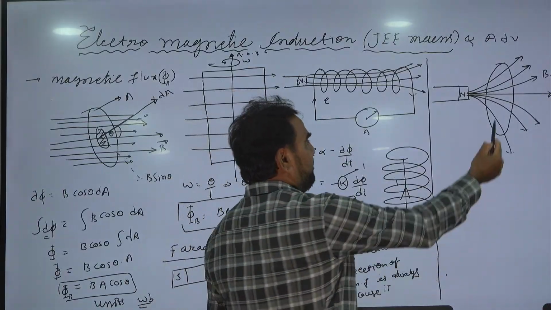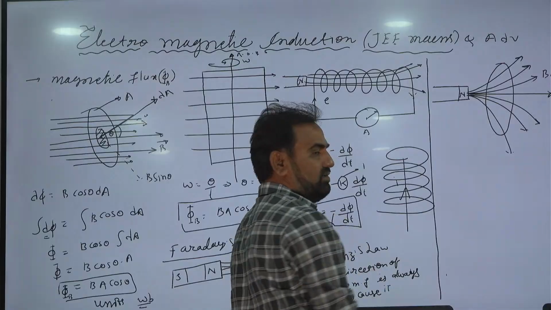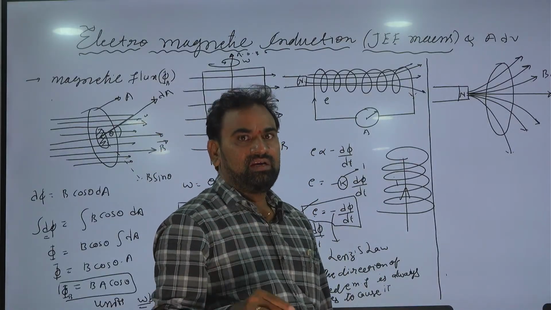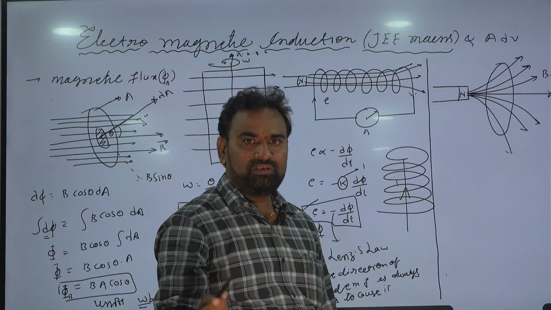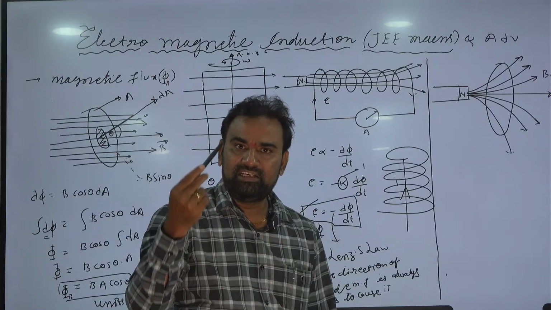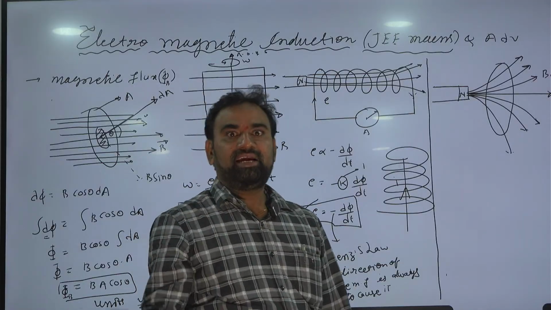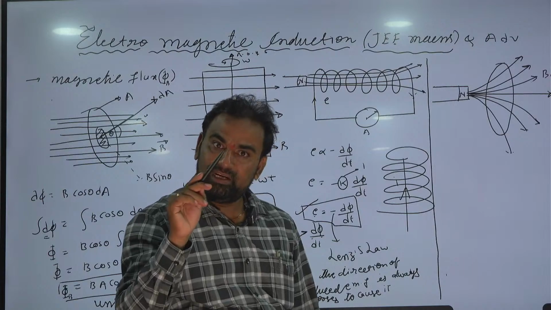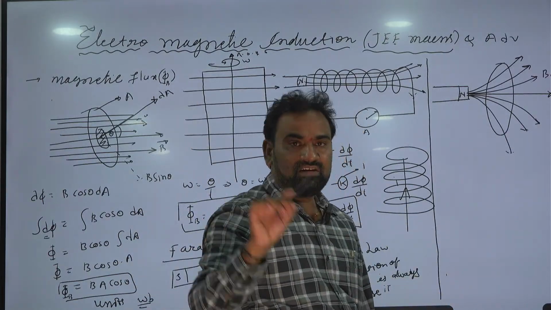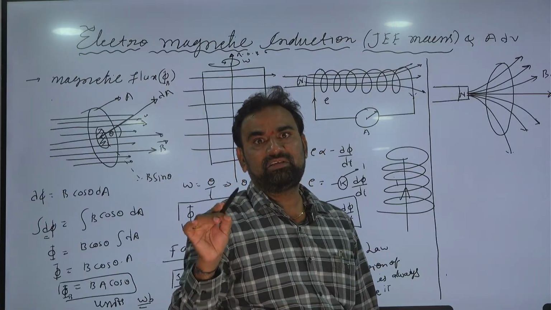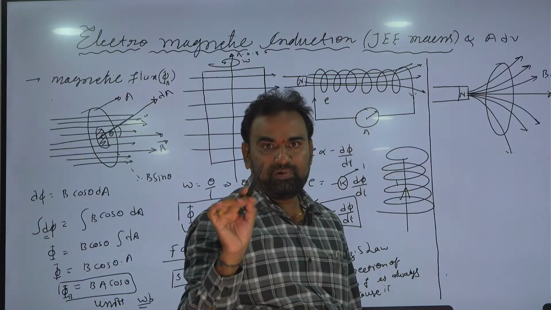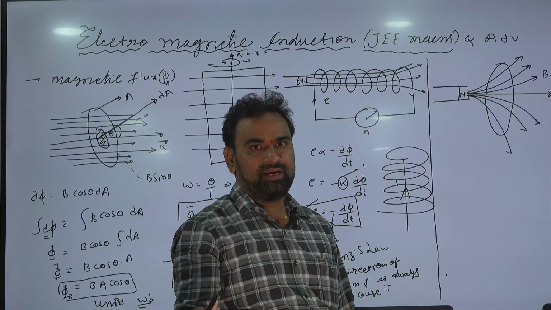Similarly, whenever the flux changes across the coil, an EMF is induced. The induced EMF must produce some induced current. The induced current must produce an induced magnetic flux. The induced magnetic flux must be opposite to the cause of it. So what is the cause for producing the induced EMF? The applied magnetic flux is responsible for producing the induced magnetic flux.